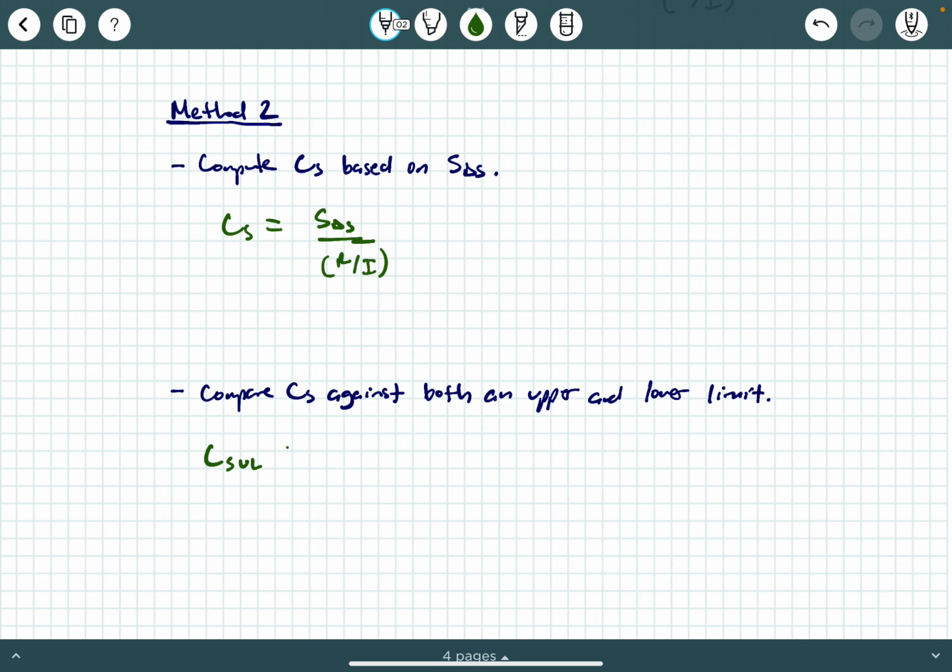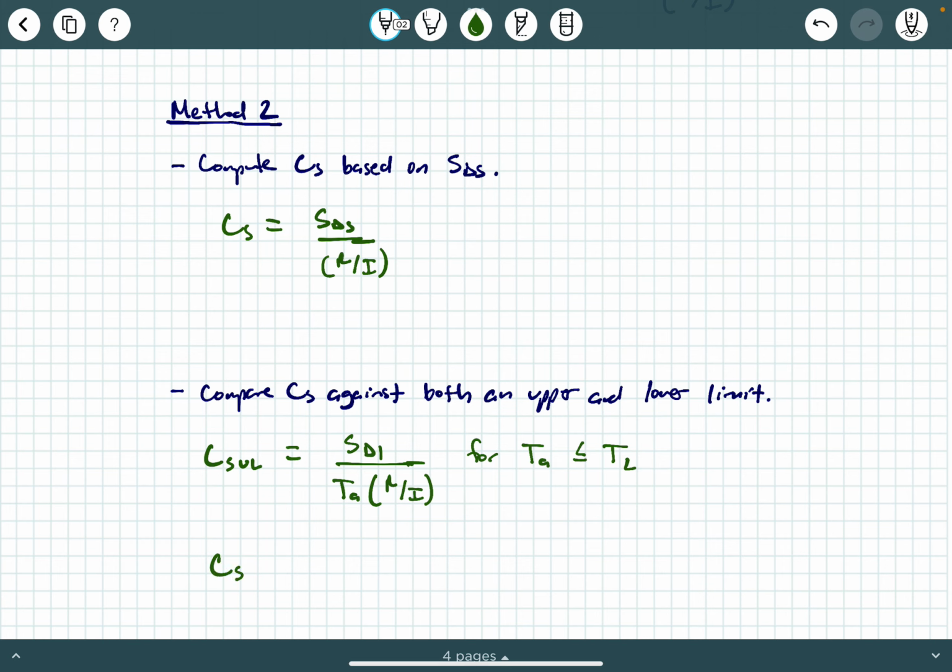C sub S upper limit is going to be SD1 over TA times R over I. And this happens for TA less than or equal to the long period transition period.